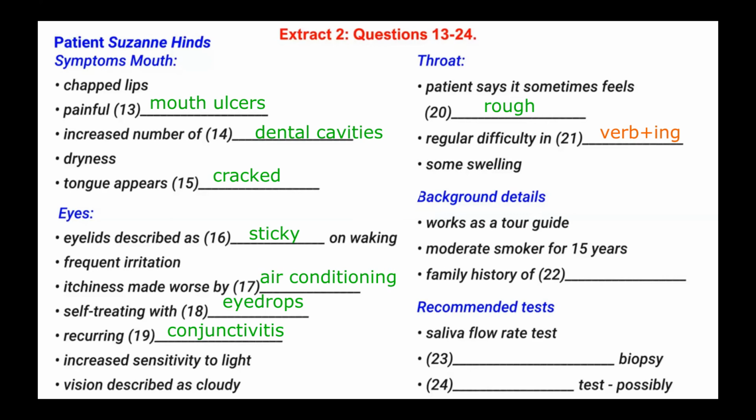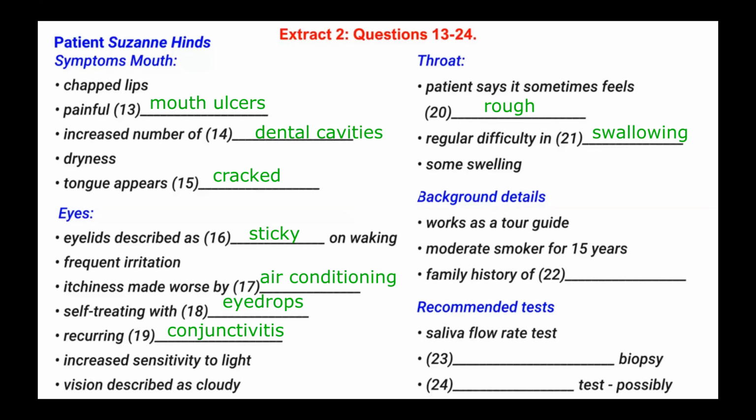And for question number 21, the patient says that it can be hard getting stuff down. When the patient says that, it means that she has difficulty in getting stuff down when eating, which means that she has regular difficulty in swallowing.